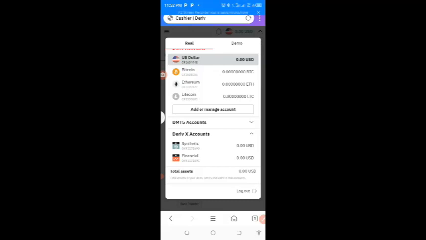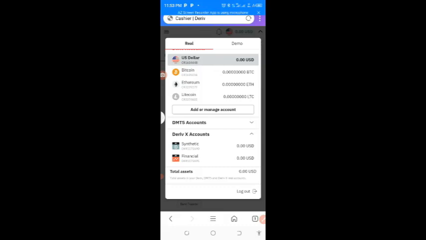So you can take the money and convert it to Bitcoin, Ethereum, Litecoin. But for me, I will advise you that if you want to take the money out to Coinbase or Binance or anywhere you want to take it to, make sure you use Litecoin, because the transfer fee is very low.